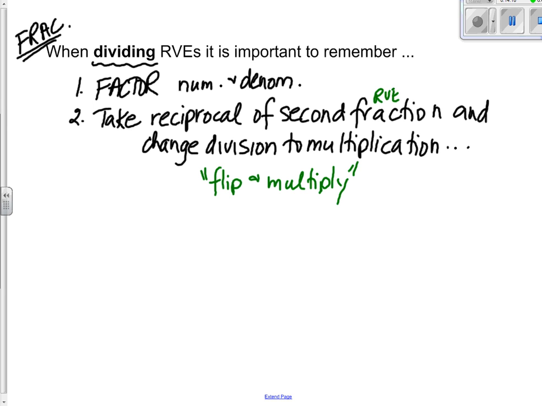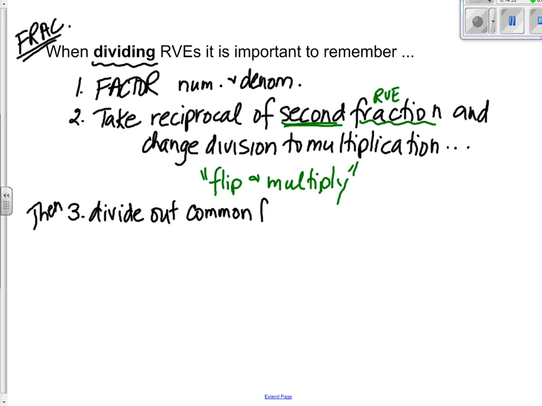Fraction or RVE. Make sure that it's the second one. The first one stays the way it is. Thirdly, then divide out common factors, just like in multiplication, because now you have a multiplication.